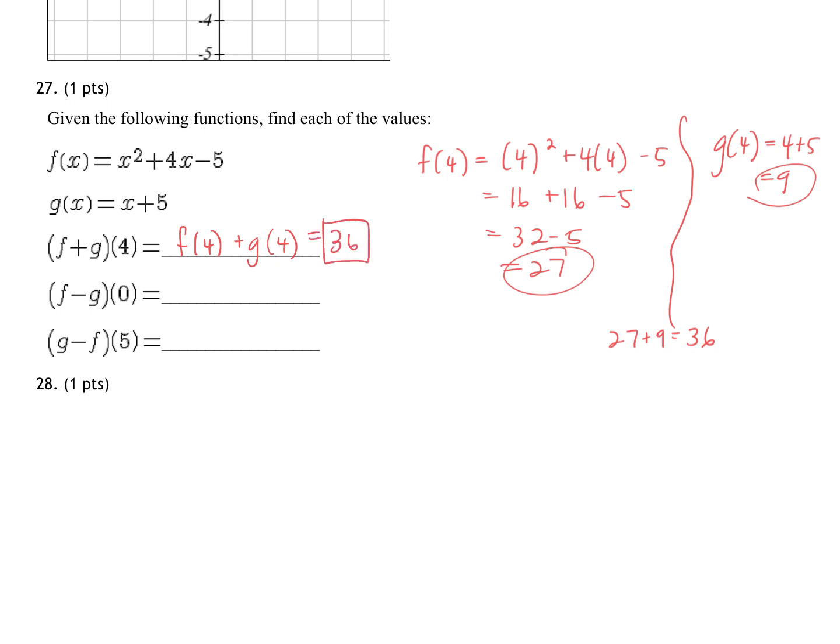The other two parts are done the same. It's just subtracting. So you would find f of 0 minus g of 0. You'd find each of those values and subtract them and get your answer. And then for this last one, you would find g of 5, and then you would find f of 5, and you would subtract those and get your answer for that.